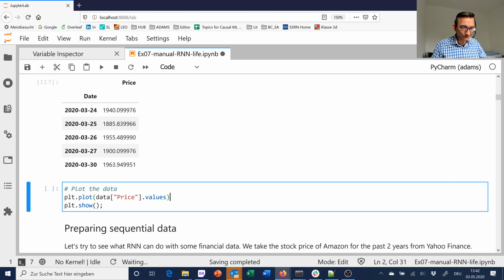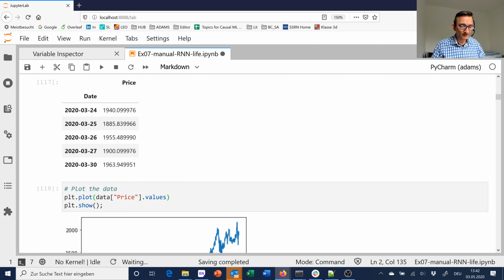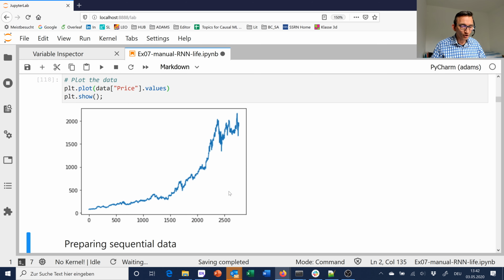So now we have our data, and obviously we can plot that. Here's a little price plot over time. I did not bother with labeling my x-axis using the dates. Could have done that. There is code available online.